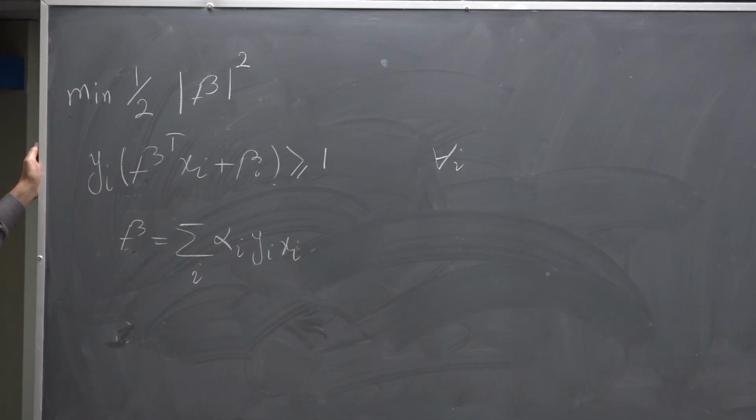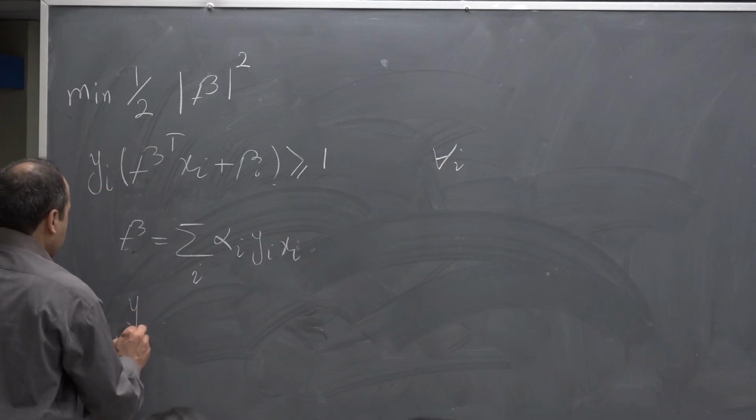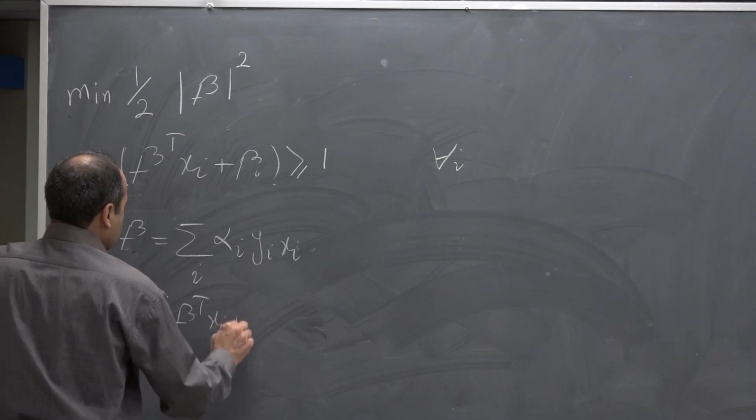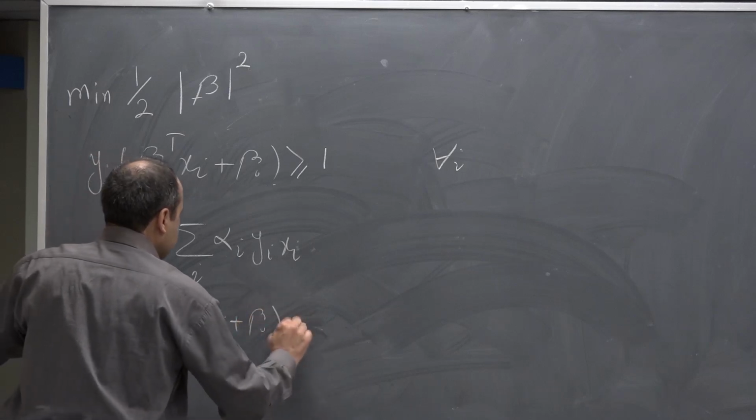If alpha is 0 for a point, the point is not on the margin. If it is greater than 0, we learned that the point is a support vector, right? It is on the margin. Being on the margin means that yi times beta transpose xi plus beta null is equal to 1.